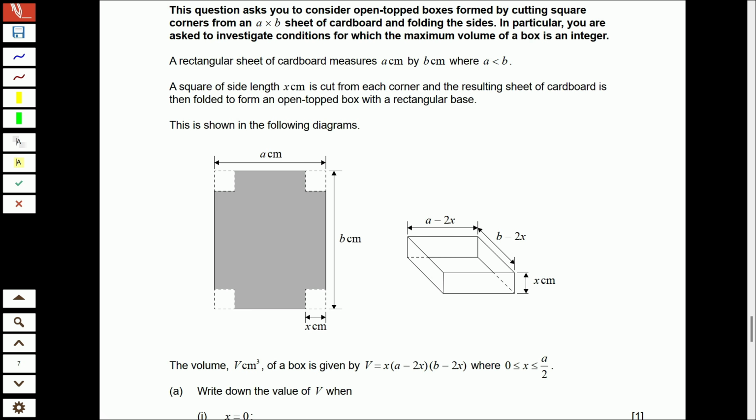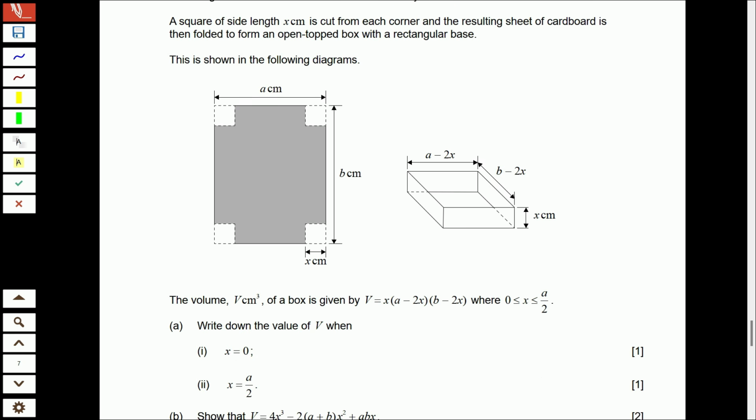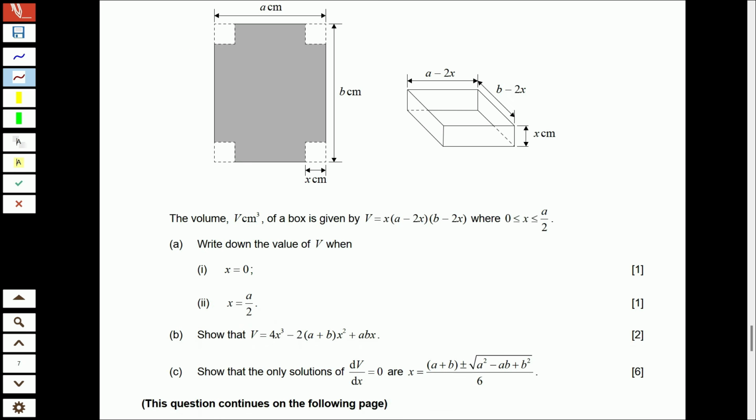The volume V centimeter cubed of a box is given by V equals, there's an expression here, x between 0 and a over 2. Write down the value of V when x equals 0 and x equals a divided by 2. Okay, first we will replace x with 0.